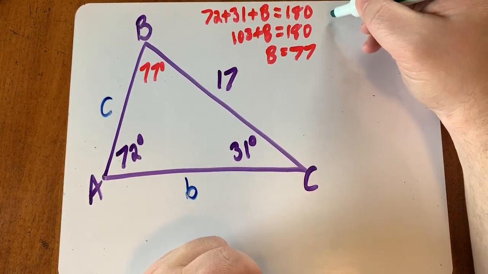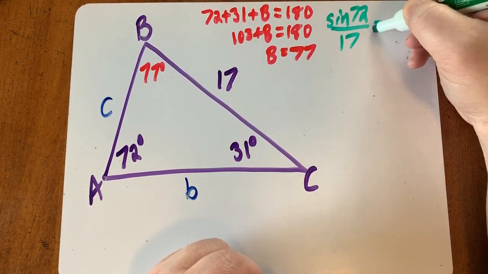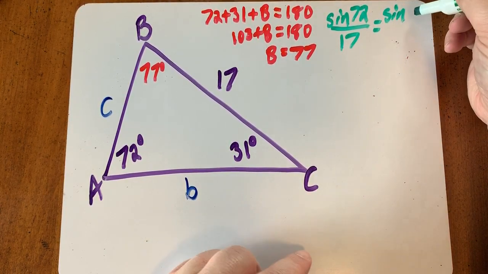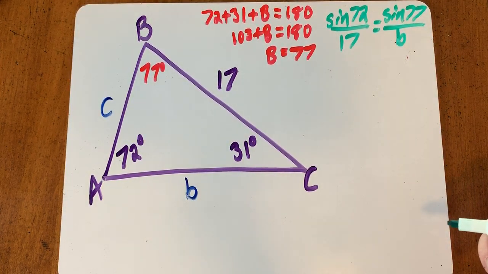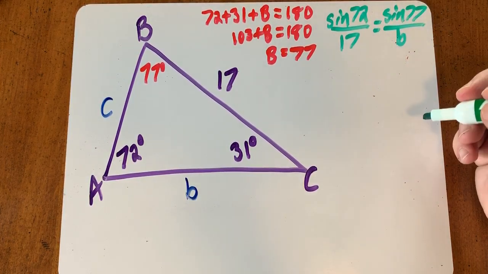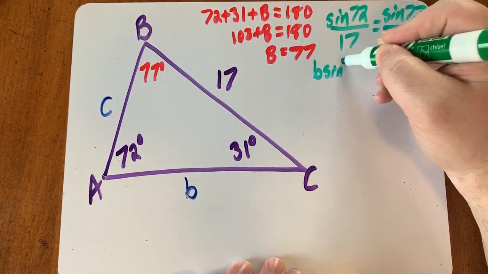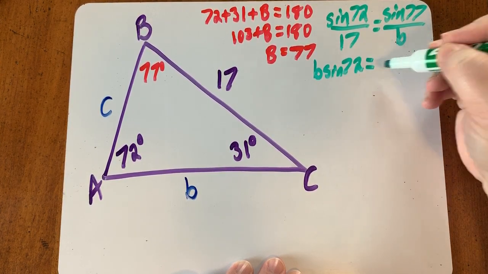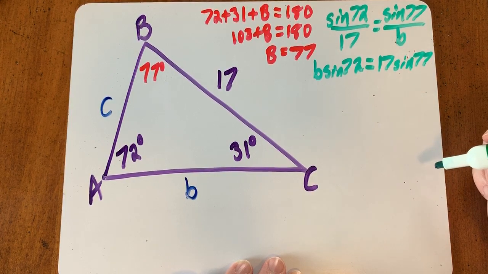So sine of 72 over 17 equals sine of 77 over B. Hey, it's a proportion. We know how to solve proportions. You cross multiply. B sine of 72 equals 17 sine of 77.